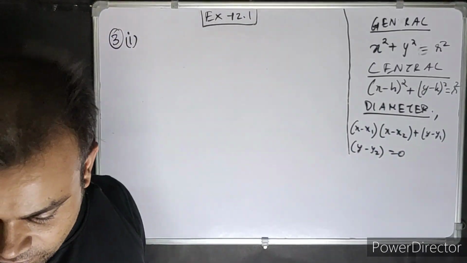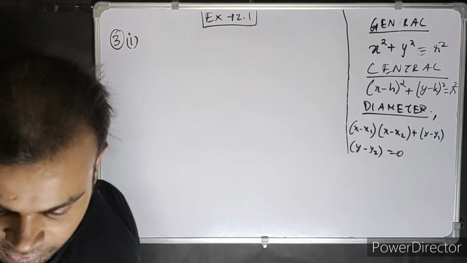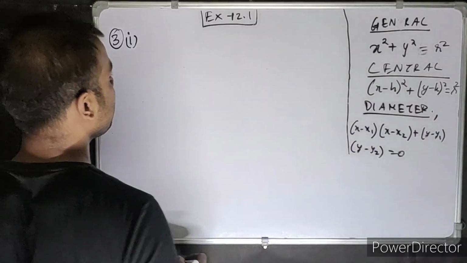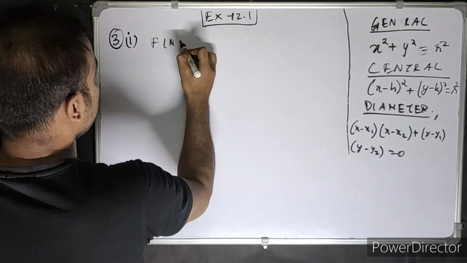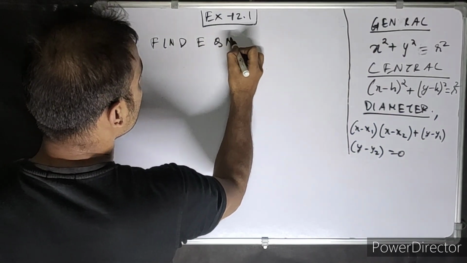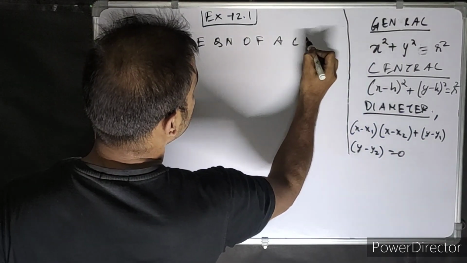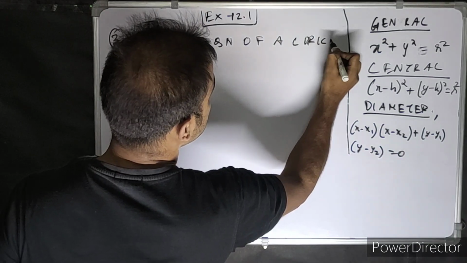So it says find the equation of the circle of radius 6 units.